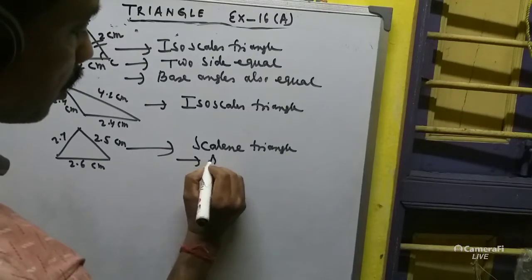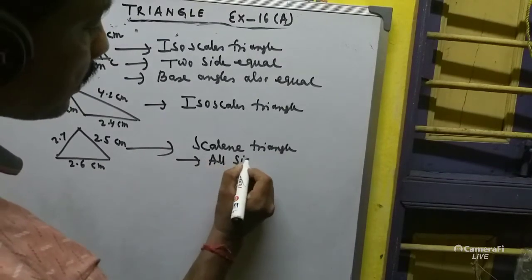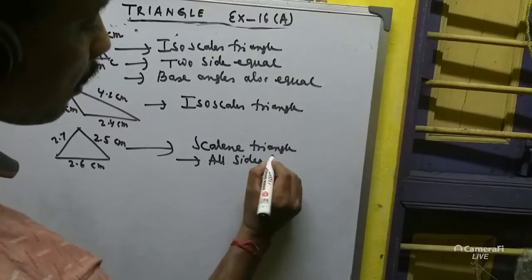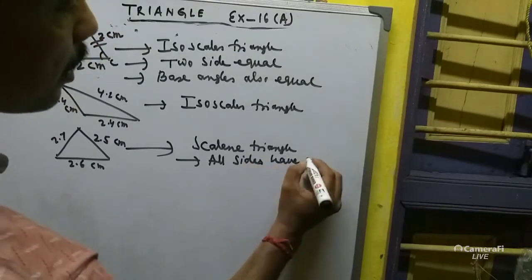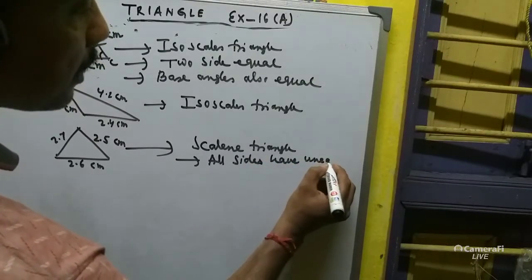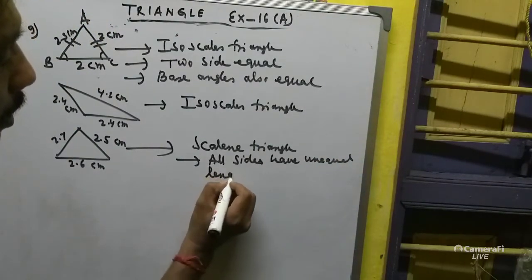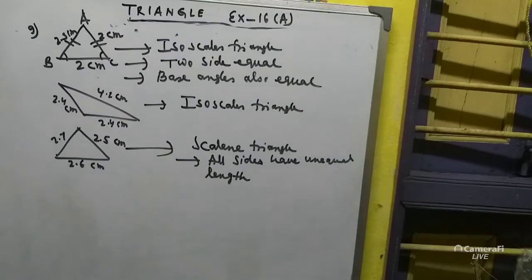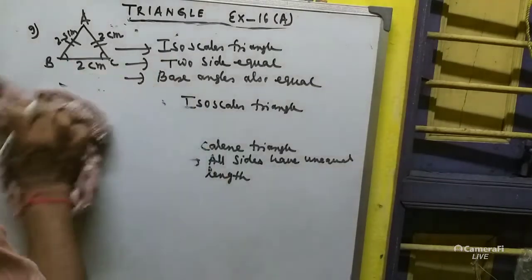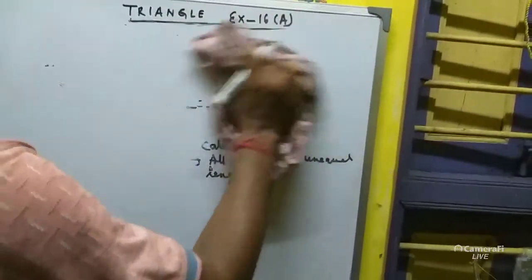All sides are unequal, all sides have unequal length. So this is the math. Students, do it one by one. Very easy math.